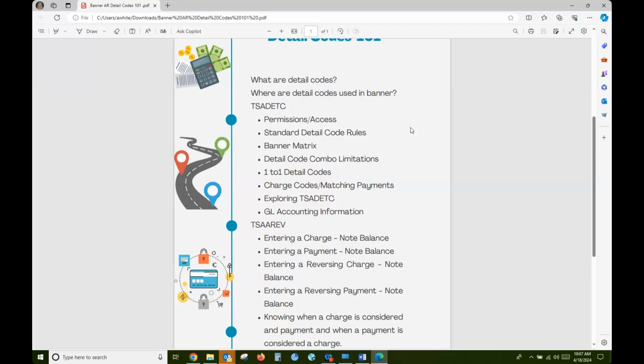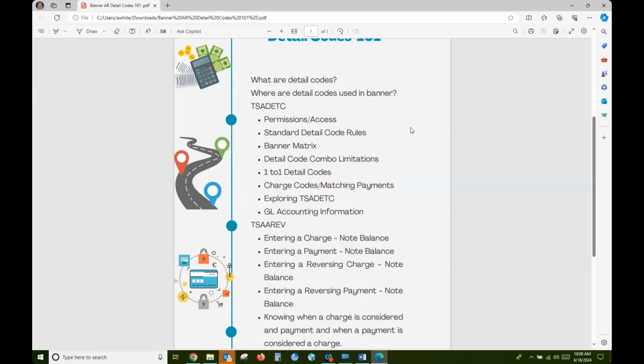They all bounce off of TBRACCD, which is the starting point of TSAAREV, right? So they all go back to one spot. The main spots that you're looking for are your TSADETC and your TSAAREV, and then everything else bounces off of that. So the first thing we're going to dig into a little bit is TSADETC.